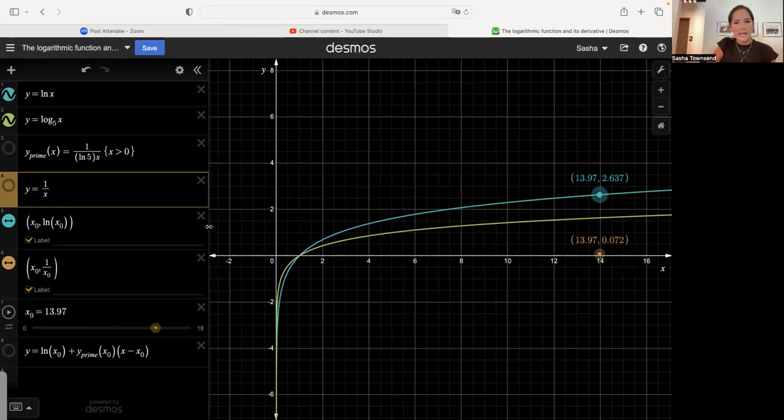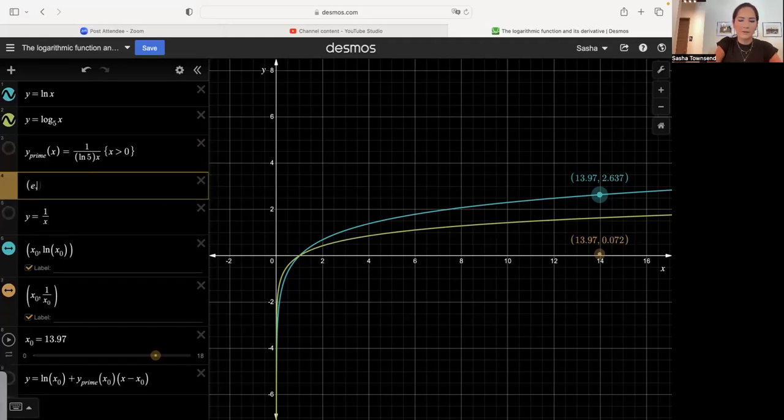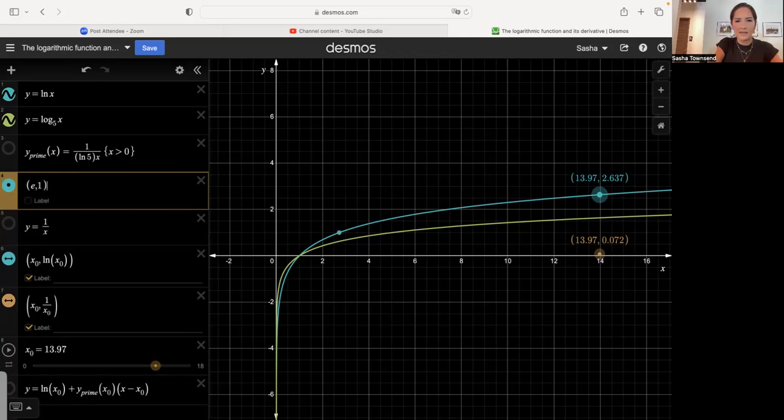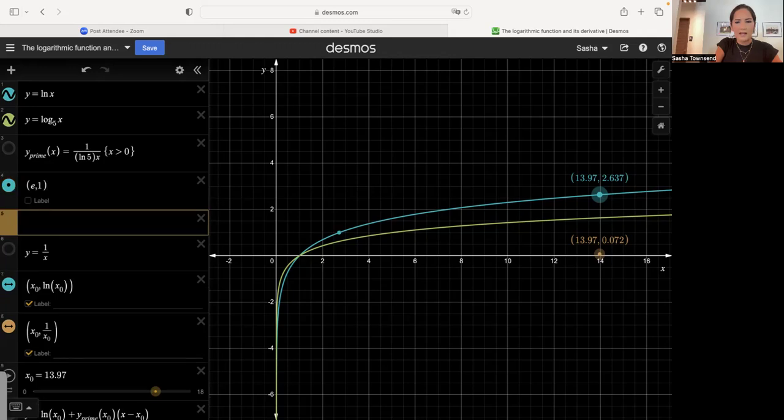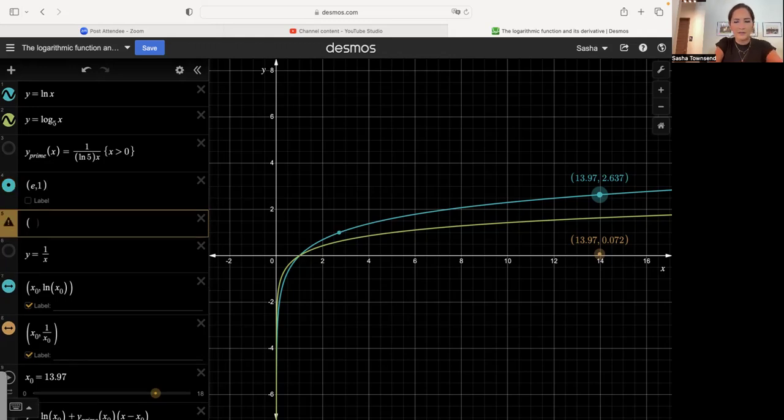When I look at log of x, we're going to get 1 for our function value when x is equal to e. So we can plot the point e and 1 on that graph. For log base 5, if we plug in 5, we get 1.